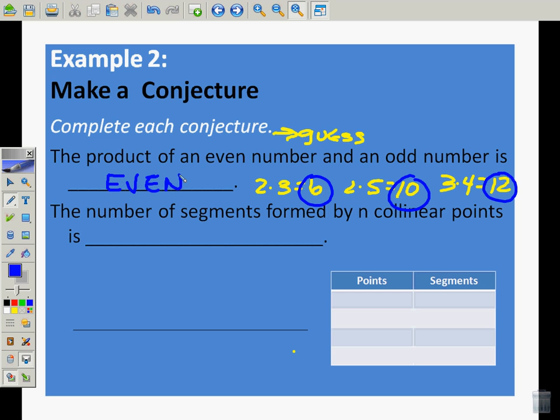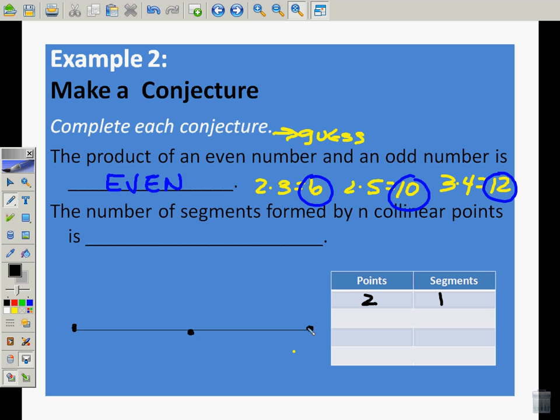That's my conjecture. Okay? Now, if I look at the number of segments formed by n collinear points. Okay, so what I'm going to do is say a segment has at least 2 collinear points. Okay, so these 2 points are collinear. So if I have 2 points, I have 1 segment. What if I added a 3rd point in the middle here?